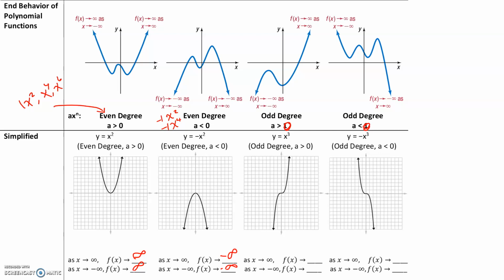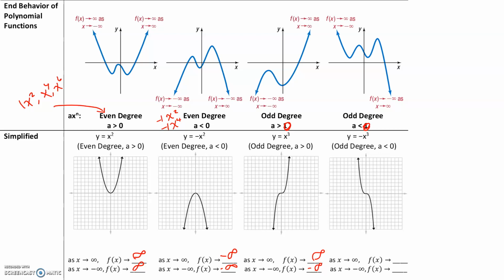So here, a greater than 0, so that shape is going to look like this, where as x gets bigger and bigger, the graph is going to approach infinity, and as x gets smaller and smaller, the graph is going to approach negative infinity.